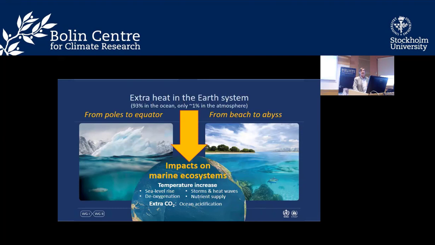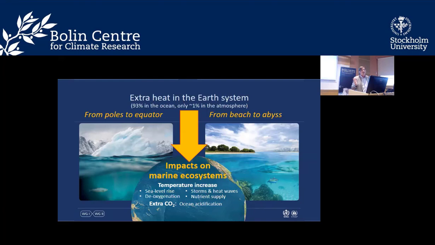But in addition to the direct effect of temperature on marine organisms, we've got the sea level rise, the physical things affecting the coast. Deoxygenation we haven't heard about, and I'm not going into any great detail, but that's a consequence of a temperature change, stratification, change of circulation means that there is less oxygen reaching the middle of the ocean. And for some species and organisms, that's a pretty important factor.